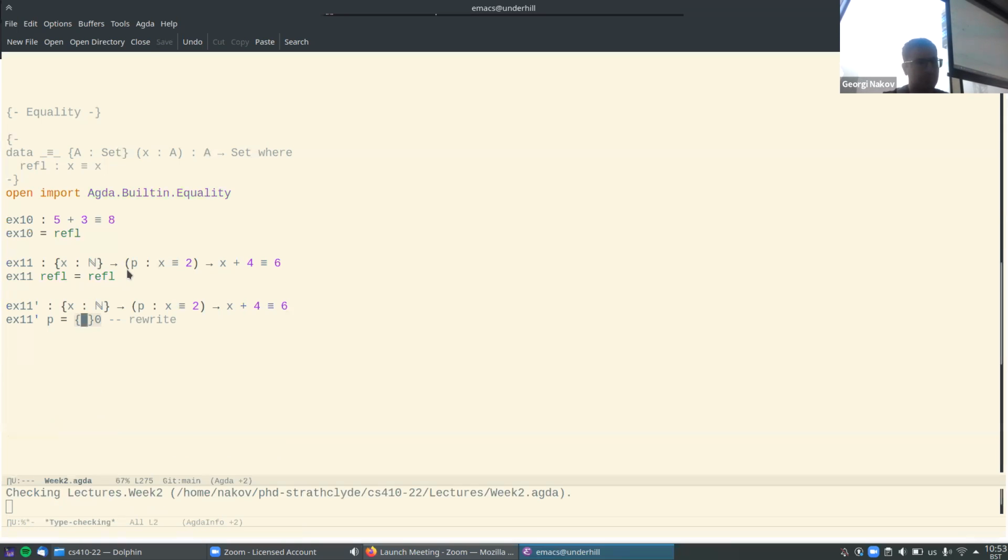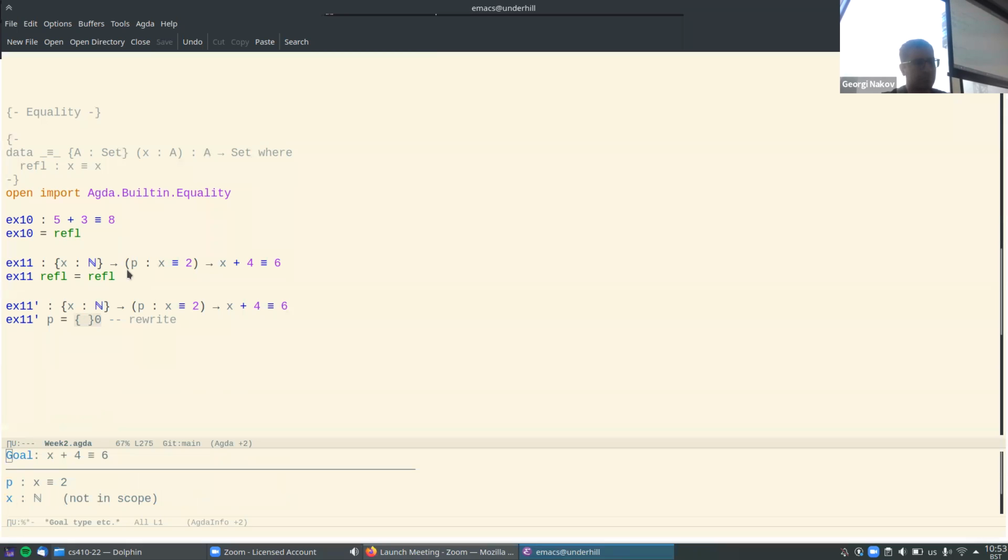Okay, but there's another way to make use of equality. So another thing we can do here, there's a special trick. There's a keyword called rewrite. So you can say rewrite by, and you give some term which is a proof of an equation, in this case P. And what happens?